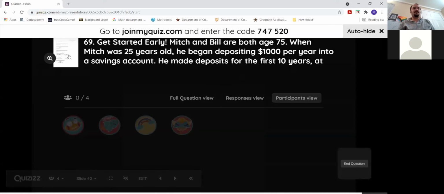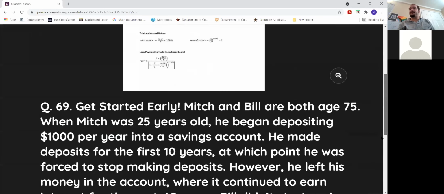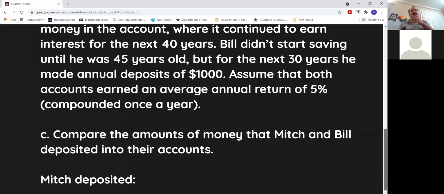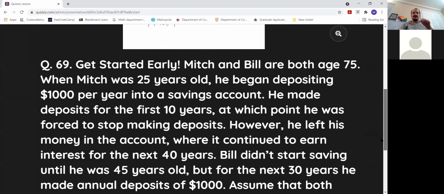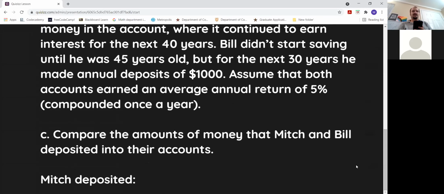And now this thing should hopefully take us a few seconds. But if Mitch is depositing $1,000 for 10 years, how much money did he deposit? Depositing $1,000 per year for 10 years.